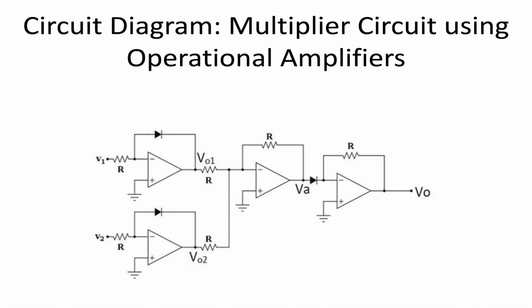In the ideal multiplier circuit using operational amplifier, you can see this circuit diagram, it multiplies the 2 voltages. Now, the input stage.